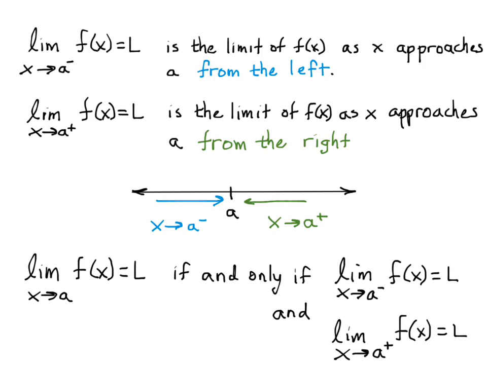As I'm coming from the right, I'm heading towards this other value, although I'll never get there. So we say the limit as x approaches a doesn't exist because it's not the same from both sides. That's a crucially important notion: to say a limit exists means that you can approach it from either side.